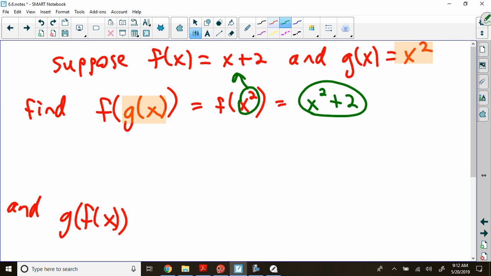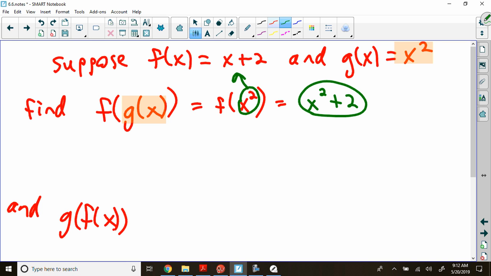Does that make sense? The 2 was part of the original function f. When I take the x squared and I f it, I'm just plugging x squared into the function f in place of the x. The function f has a plus 2 in it, so my answer's going to have a plus 2 in it.